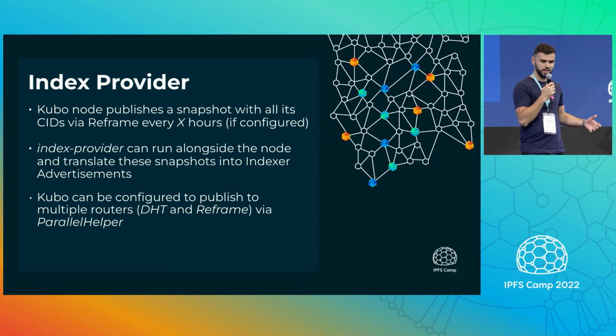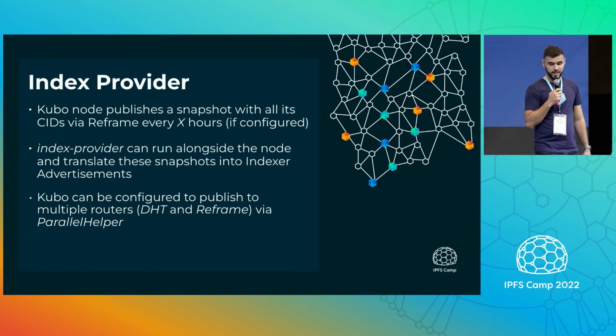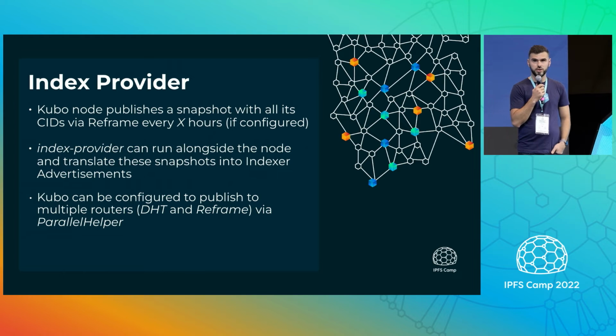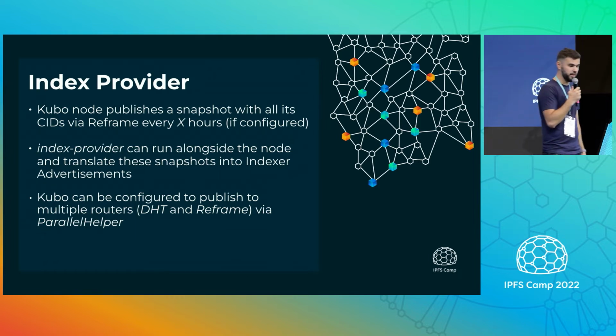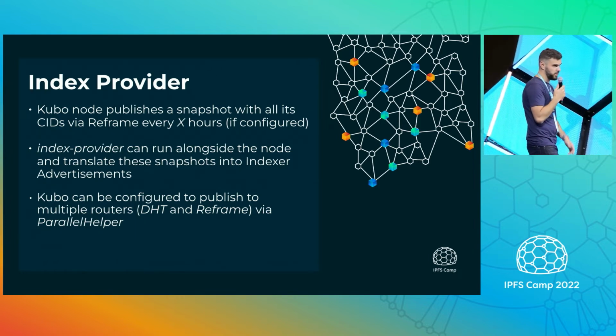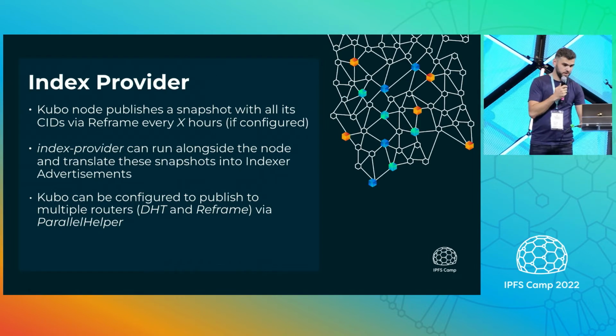Index provider can receive snapshots from Kubo, chunk them up, and translate them into the index advertisements that are understood by the indexes. And again, just to reiterate, you don't have to choose between either DHT or Reframe routing; you can use both at the same time by utilizing the so-called parallel helper, which I'm going to show you in a minute.